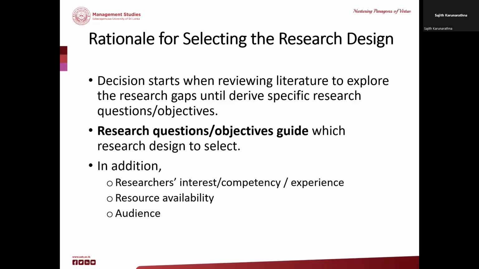In addition to that, resource availability matters. For example, if you want to do an experiment design, whether the resources, the technology and the instruments are there, and whether it is highly expensive. If it is highly expensive, you will proceed with another design. That is also a deciding factor.